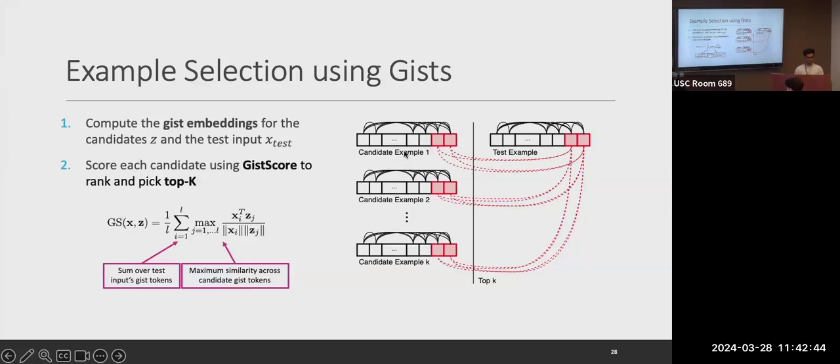And then we compute a score that we call gist score, which is very similar to the BERT score I showed earlier. Given an input and a candidate example, it computes a sum over the input gist tokens, suppose there are L of them, of the maximum cosine similarity each input gist token can get with the candidate gist tokens.